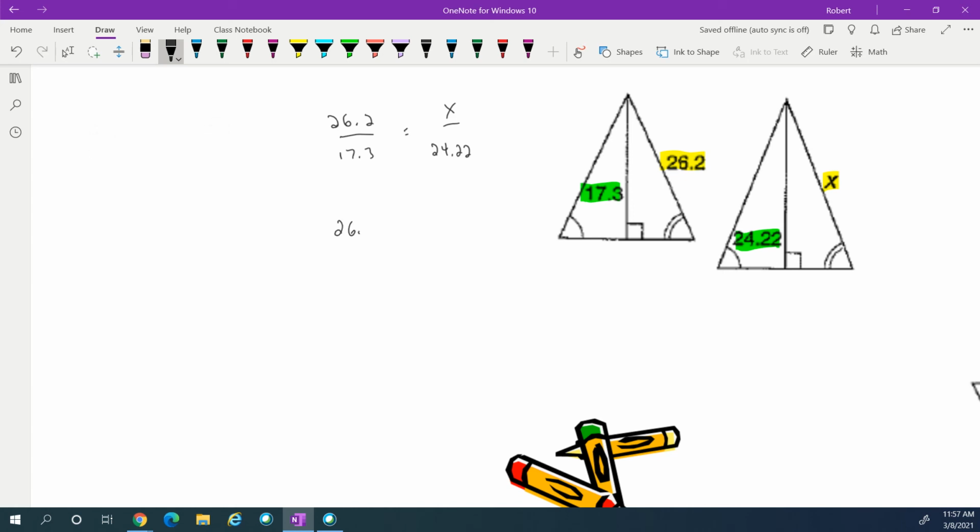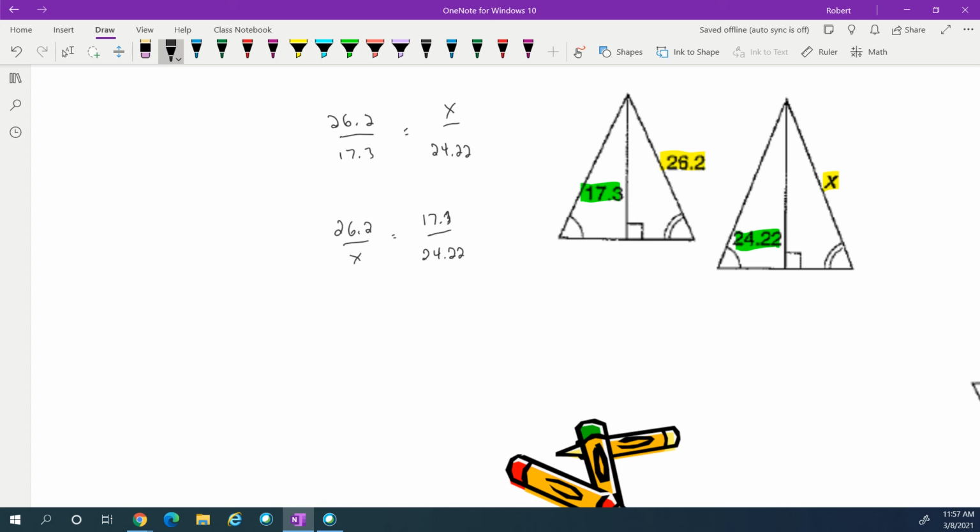We could do side over side equals altitude over altitude. What we're looking for is consistency in the way we approach it. Either of these are going to give us the exact same results.